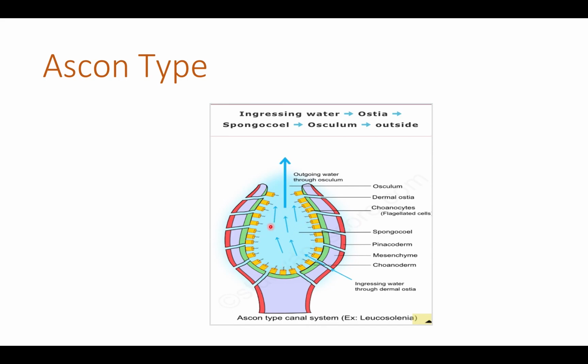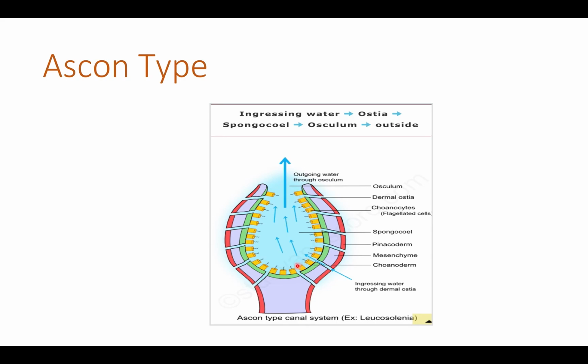This is the spongocoel. The spongocoel is the single large spacious central cavity in the body of sponges, and it is lined by flagellated collar cells or choanocytes. So these are choanocytes. So the spongocoel is lined by choanocytes, the yellow ones.